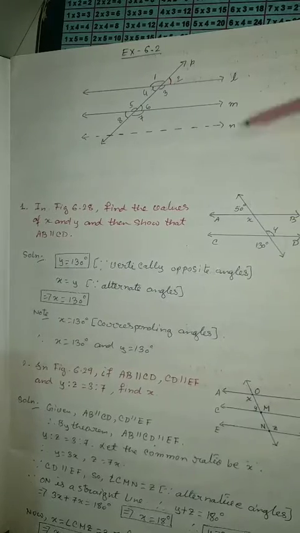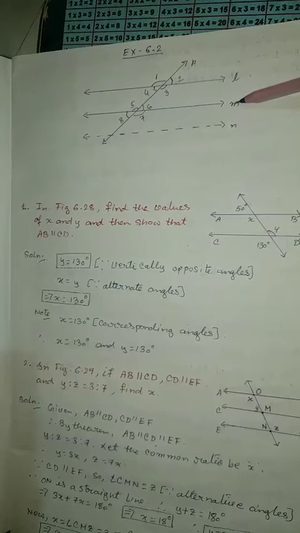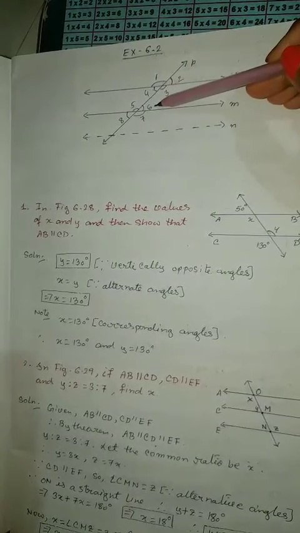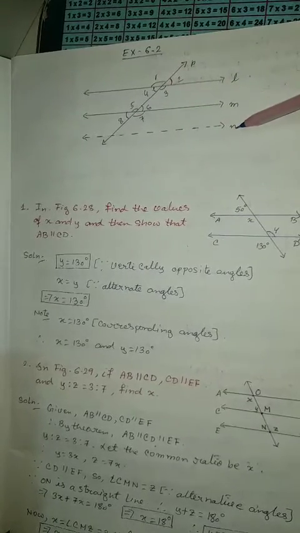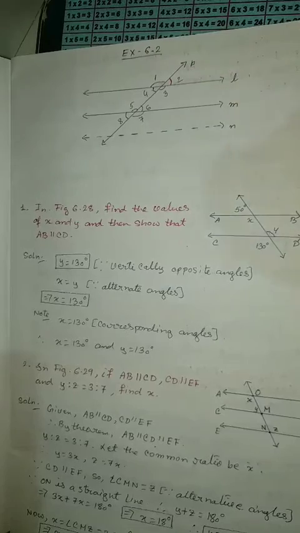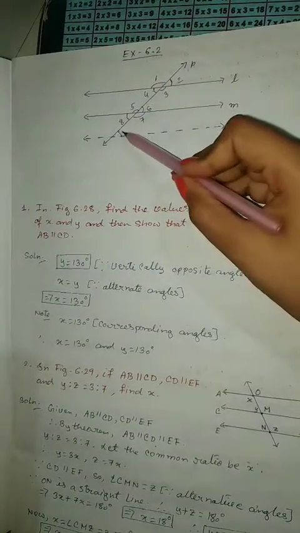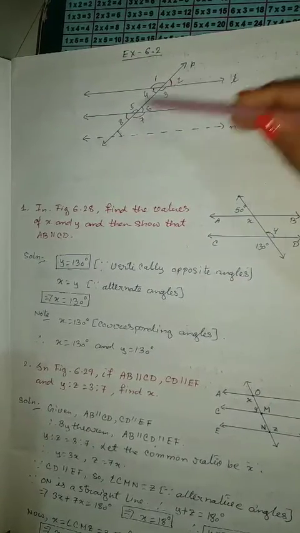In this way we can also prove that M and N will be parallel. Why will it be so? Let's see. Since we said L is parallel to M, we can say angle 2 is equal to angle 6 because they are corresponding, right? Again, L is also parallel to N. That makes angle 2 equal to this angle, right? So these two are equal, these two are equal.